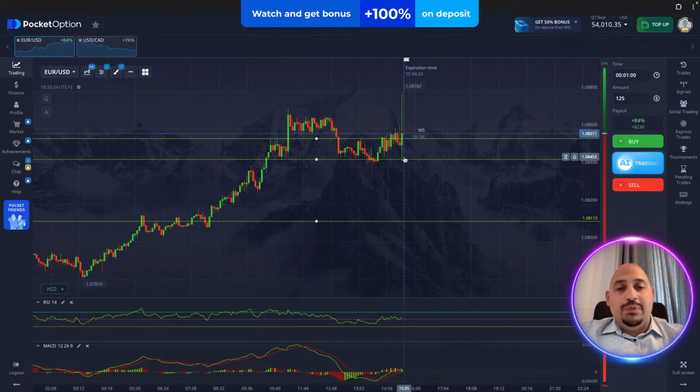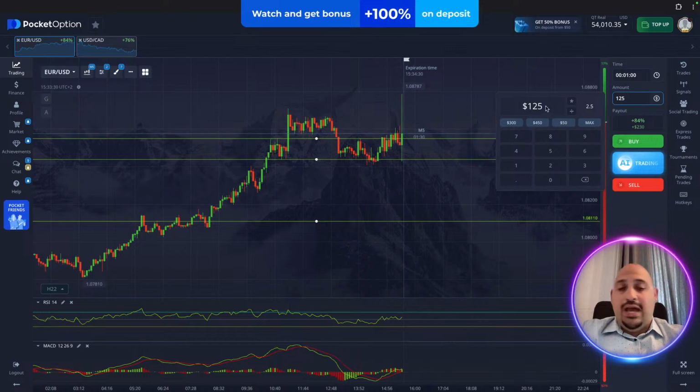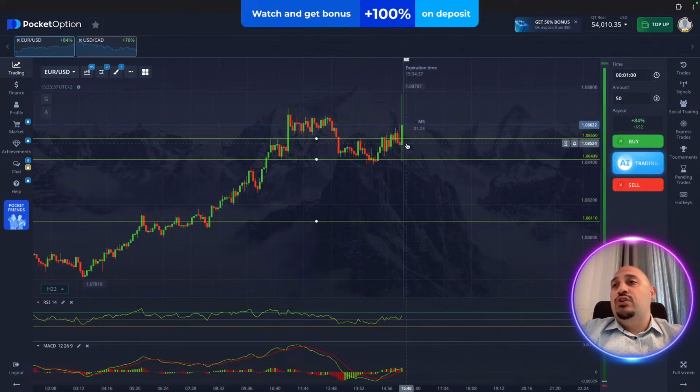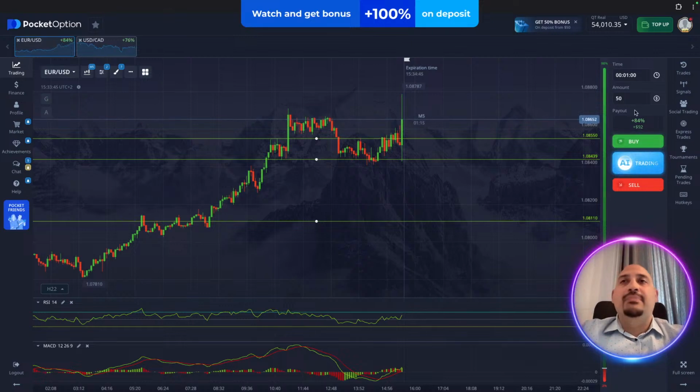So what I wanted to explain to you about the martingale is that if I open my position at $50, and because this was profitable, I can go back and make it 50 because I can start again from zero. If I had opened a position of $50 and the trade was going in the opposite direction, I would have to open another position in the same direction, but times my position by 2.5.